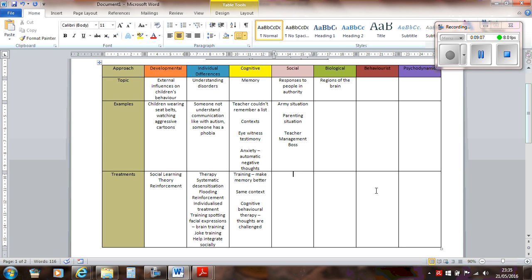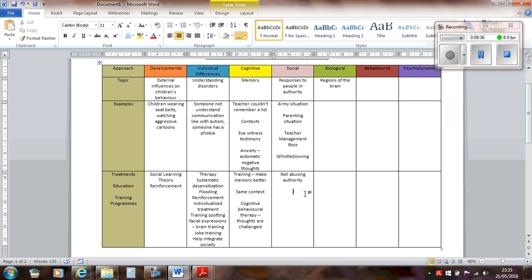So your treatments, obviously it might not be treatments, it might be education or training programs. So it could be things like not abusing authority, or it could be about whistleblowing.